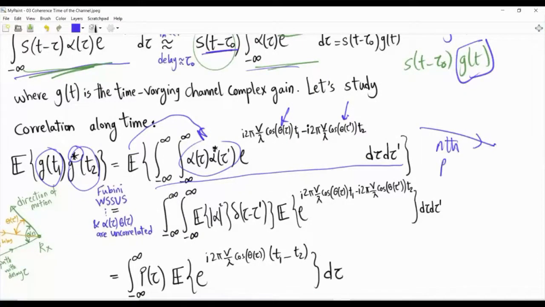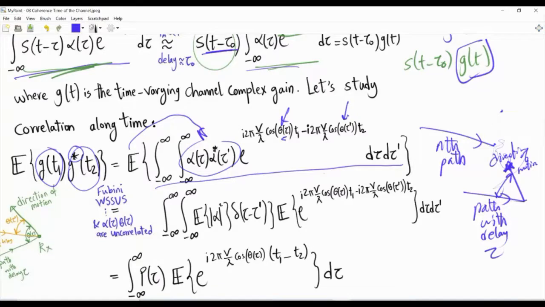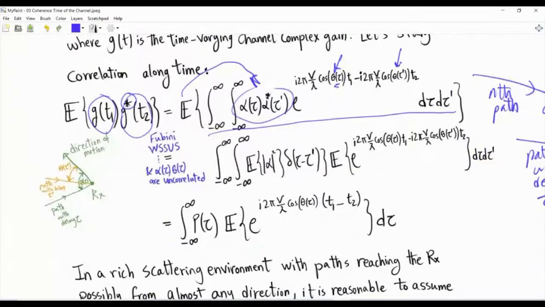Okay, so this is the nth path, or now we are doing parameterization with tau, so this is the path with delay tau. And there is a direction of motion. Okay, and there is an angle between them, which is theta. And for each path, if you have two paths, you have different angles. The direction of motion is the same, but the paths come to the receiver from different directions, generally speaking, and so these are two different angles.